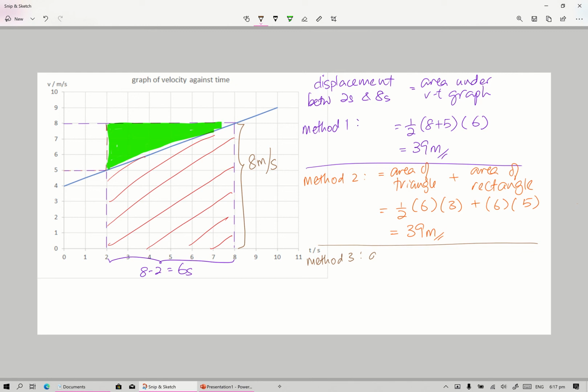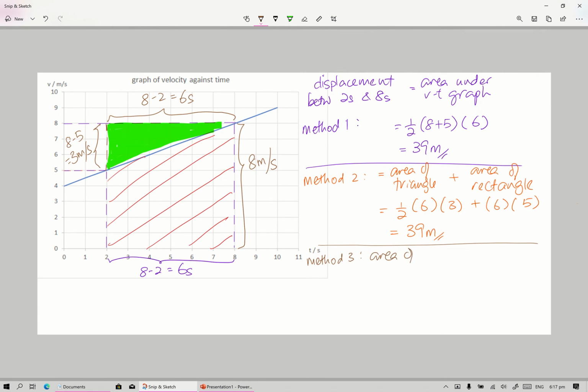And for this triangle, this is 5 to 8, so 8 minus 5 equals 3 meters per second. And this base here is actually 8 minus 2 equals 6 seconds.